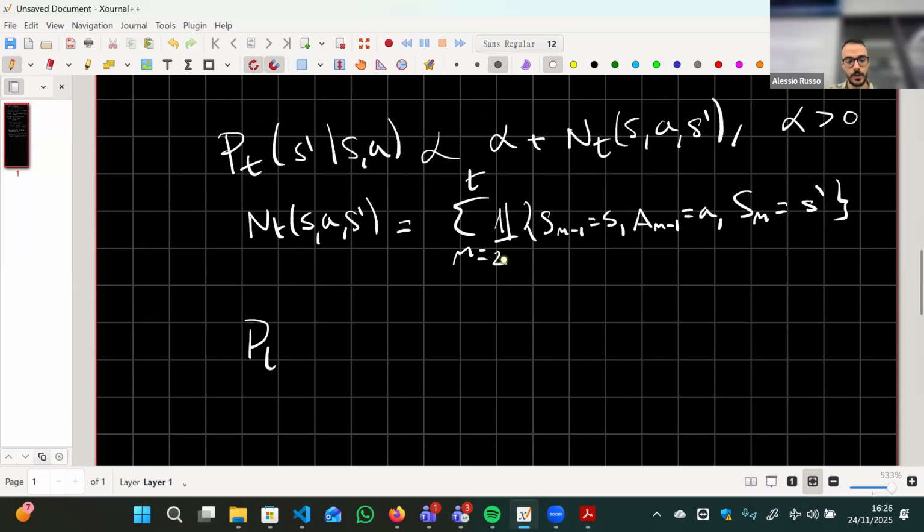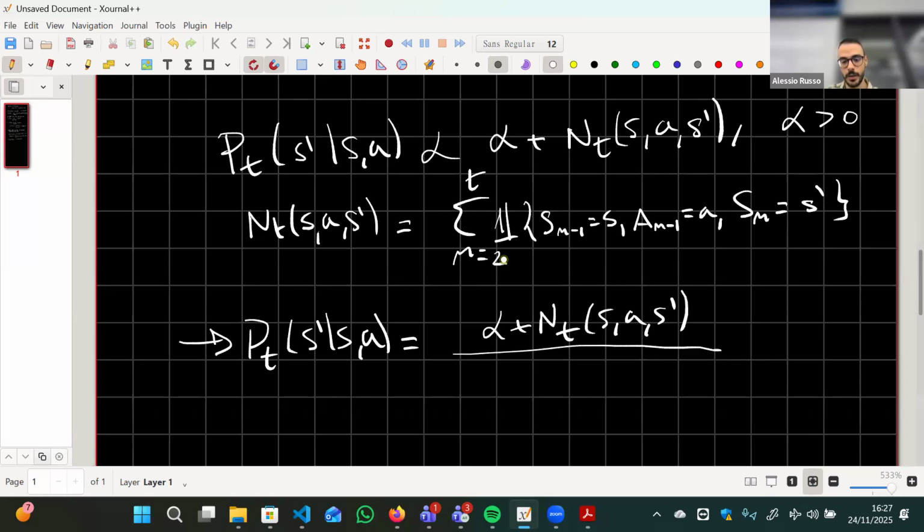So in the end, the empirical estimate of the MDP is given by this transition function, this empirical transition, which is simply alpha plus N_t(s, a, s') divided by alpha times the size of S plus the sum over, let's write s'', of N_t(s, a, s'').